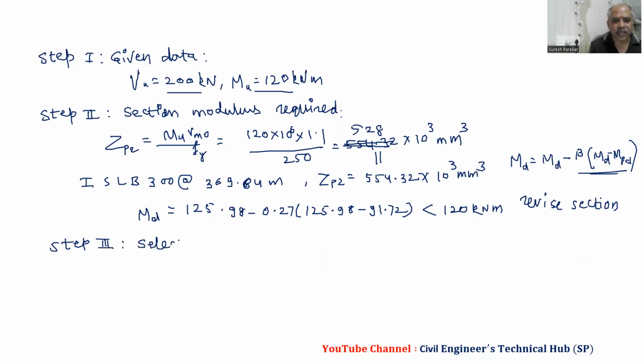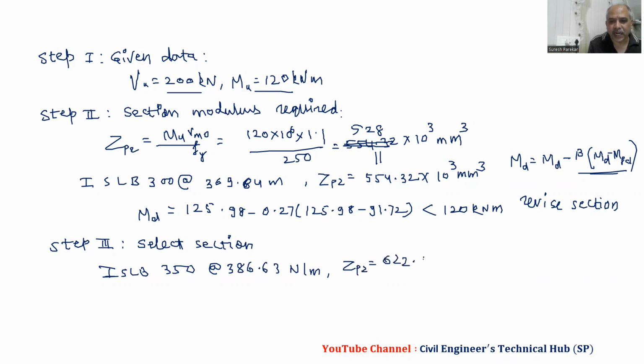Therefore, I select the section ISLB 350 at 386.63 Newton per meter, and ZPZ we have 622.95 into 10 raised to 3 millimeter cube.